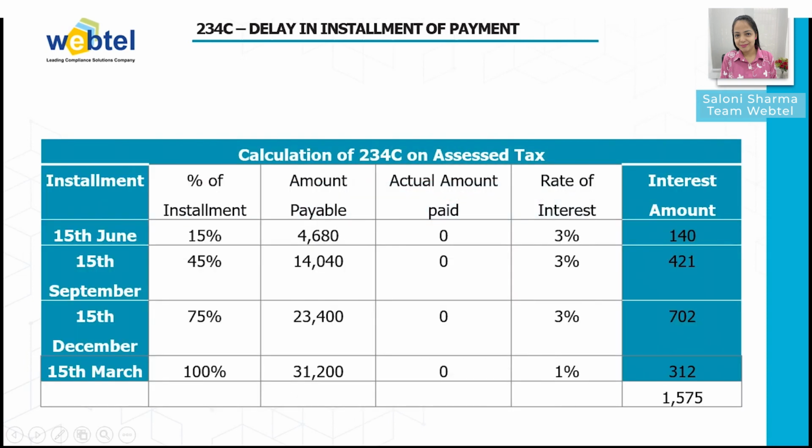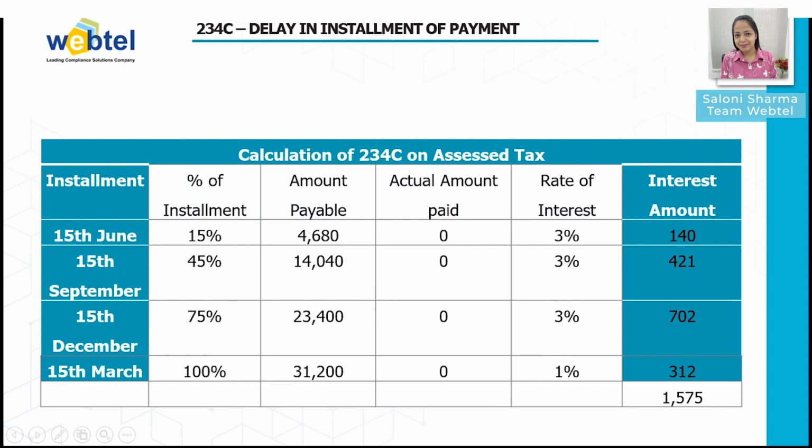As per the calculation, we need to pay 15% till 15th June, but we have not paid any amount till 15th of June. So we need to pay interest at the rate of 3% on the amount payable, 4,680 rupees, and the interest amount would be 140 rupees.